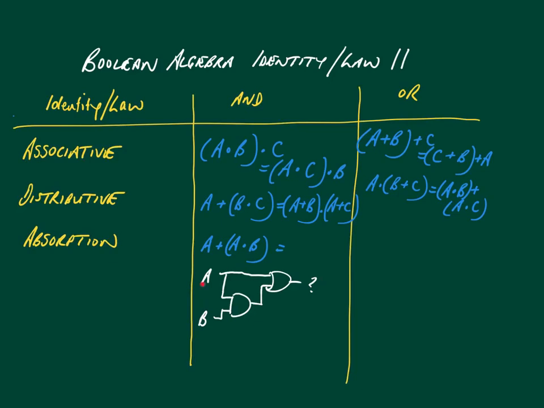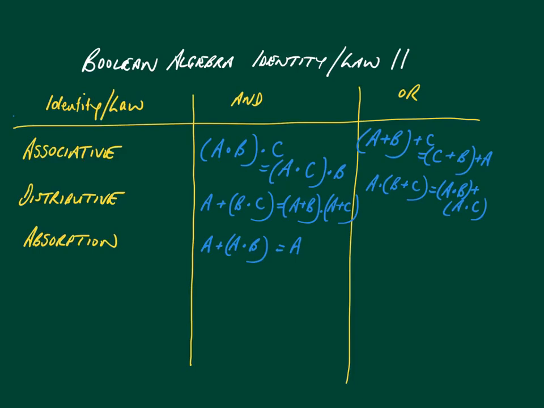And if A is 1 and B is 1, the output's definitely going to be 1 because A is essential for the OR gate there. If A is 0 and B is 1, A is 0 gives us a 0 for the top of the OR gate, and a 0 going into an AND gate outputs a 0. So it's 0 and 0, and so we can simplify this expression by saying that A or A and B is just A.